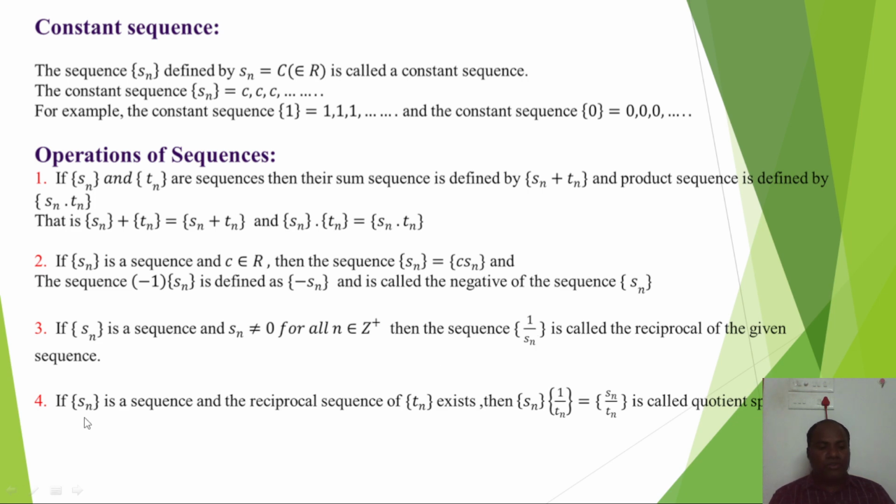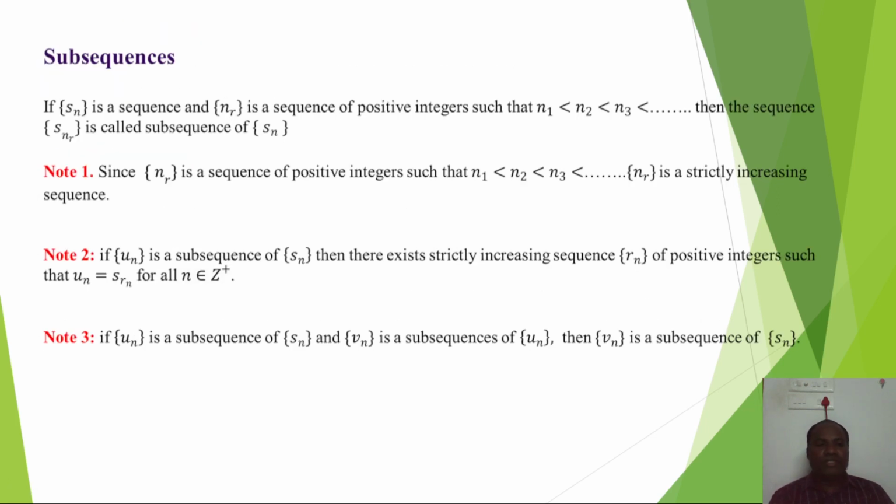And also the fourth point, if Sn is a sequence and the reciprocal of sequence Tn exists, then Sn into 1 by Tn, the sequence Sn by Tn, is called the quotient sequence. In the first operation there are sums and products, in the second the negative sequence, in the third the reciprocal sequence, and the fourth is the quotient sequence. These are the operations of sequences.